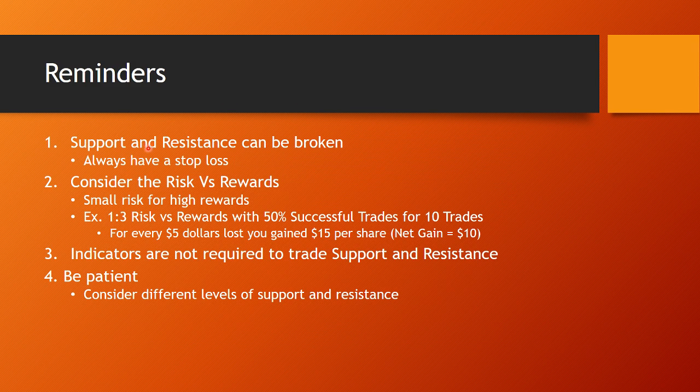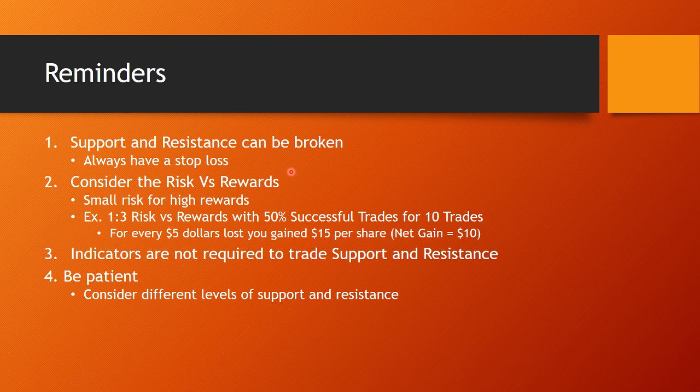As you can see earlier, support and resistance can be broken, so that's why you're always going to have a stop loss. If you're long, you want to enter a trade at the support level. If you're a bear, you're going to want to enter a trade at the resistance level.